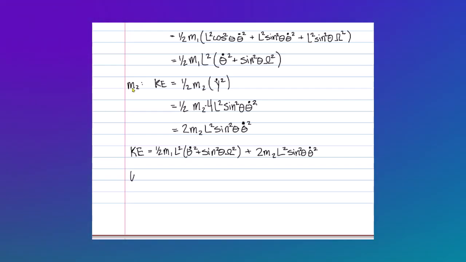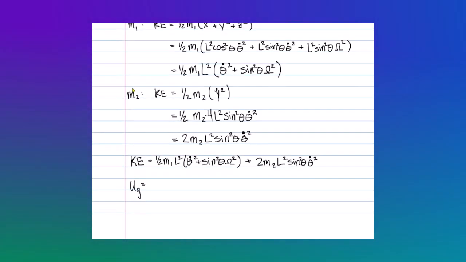The potential energy will be similarly straightforward because all we have to take into account is the vertical distance for each of the particles.